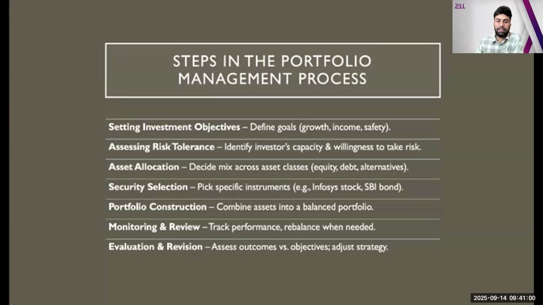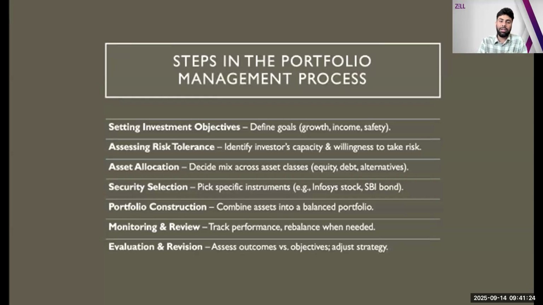Are we clear on all the 7 steps? Yes, sir. So in a nutshell, if I have to summarize all of the 7 steps, it is not just buying stocks randomly. It is about having a systematic approach, systematically defining the goal, the income my client has, and the amount of risk he is willing to take.